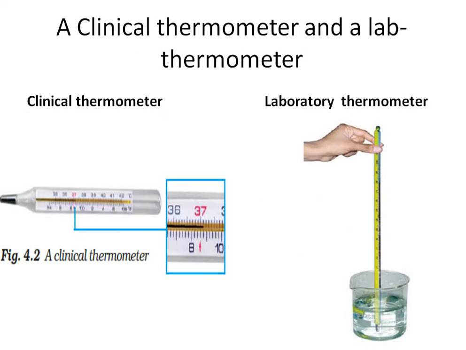You can see here, there is a slight bend in its capillary tube. Capillary tube is this one, through which the mercury is filled. The capillary tube is inside the thermometer, and the mercury is filled in it.